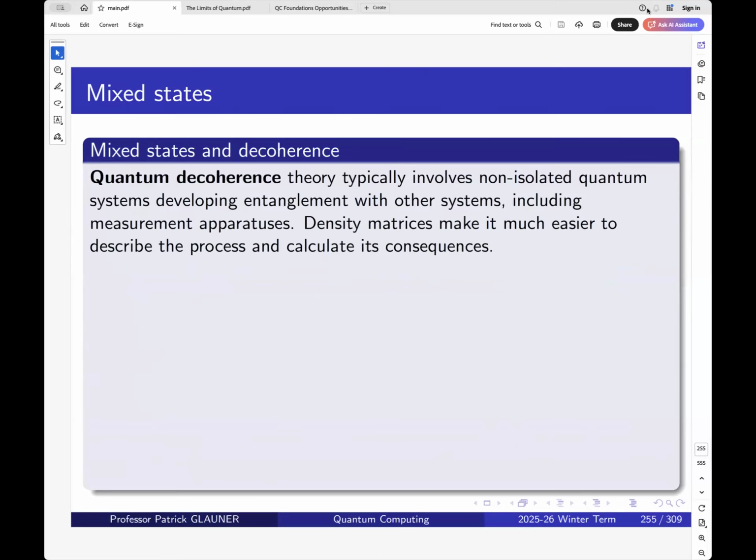So what is quantum decoherence? I mentioned it a few times, and we will see it a lot when we look at concrete quantum computers. We saw one source of uncertainty is measurements, because the measurement turns a quantum state into a classical state, which is uncertain.